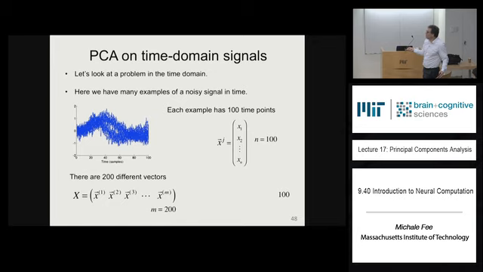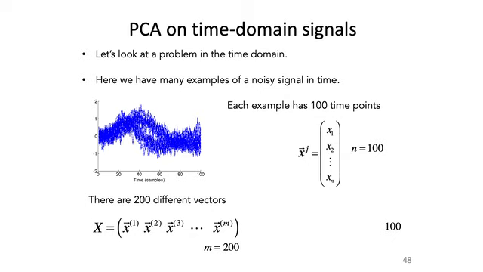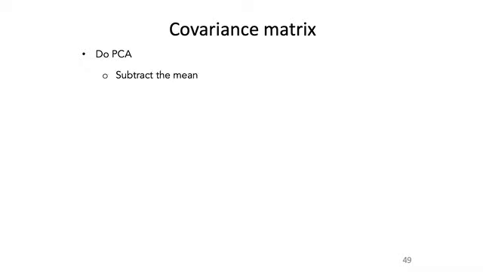So we have a data matrix x whose columns are 100-dimensional, and we have 200 of those observations, so it's a 100 by 200 matrix. We do the mean subtraction, subtracting the mean using that trick that I showed you.